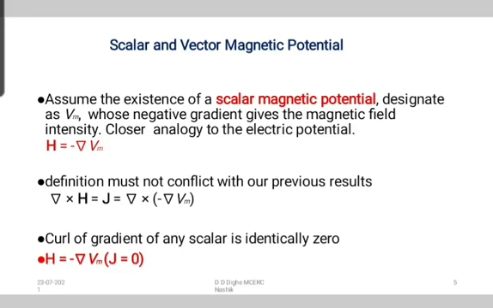Before going to the scalar and vector magnetic potential, we have observed that the static electric fields are produced by electric charges. The static magnetic fields are produced by the charges in motion or by steady current.